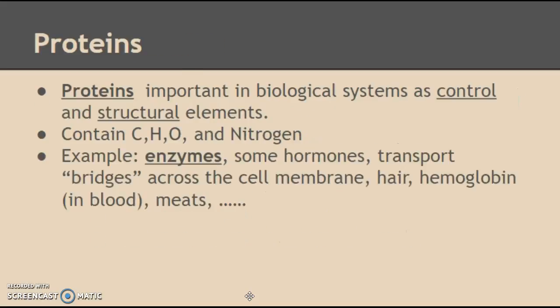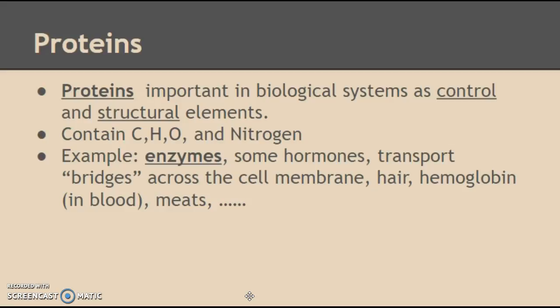So the next type of macromolecule is a protein. Proteins are important in biological systems, so they help with our control and structural elements of our biological systems. They contain C, H, and O, so carbon, hydrogen, and oxygen, and nitrogen. Examples of this would be enzymes, some hormones that you have, and transport bridges across the cell membrane, and we'll talk more about that when we talk about the cell.